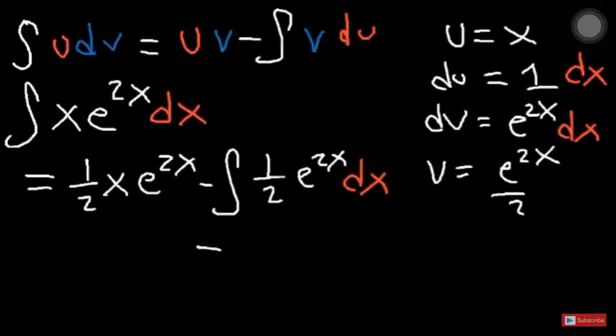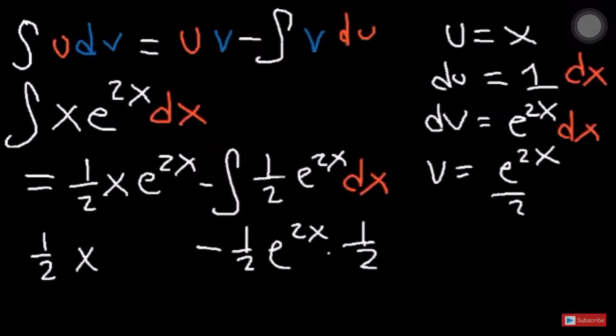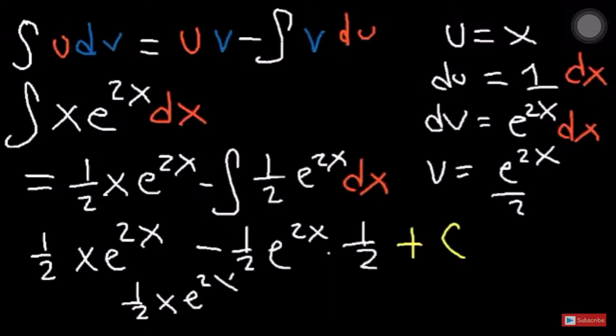That's going to be 1/2 e to the 2x divided by 2, or multiplied by another half. And let's not forget to add plus c. So our final answer is 1/2 x e to the 2x minus 1/4 e to the 2x plus c.